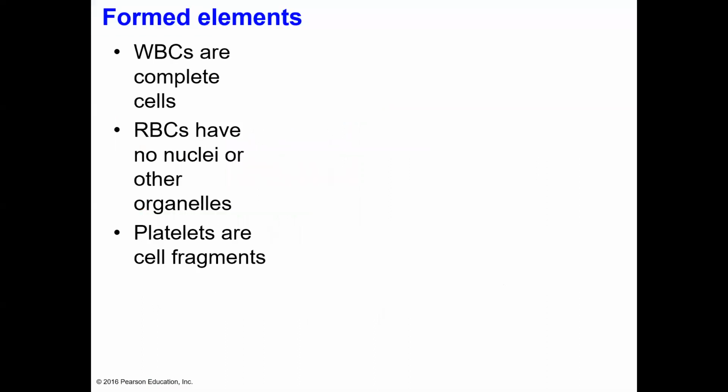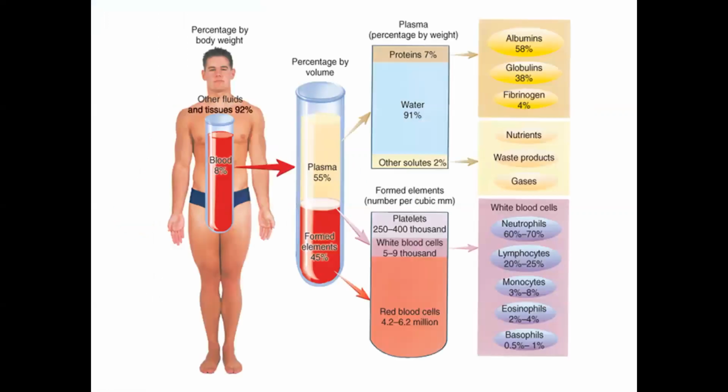Let's take a look at the slide here. I'd like to show you this slide. This is a test tube where we put a blood and let it stay for a while. So 55% of that volume is going to be plasma, and the 45% is going to be the form elements.